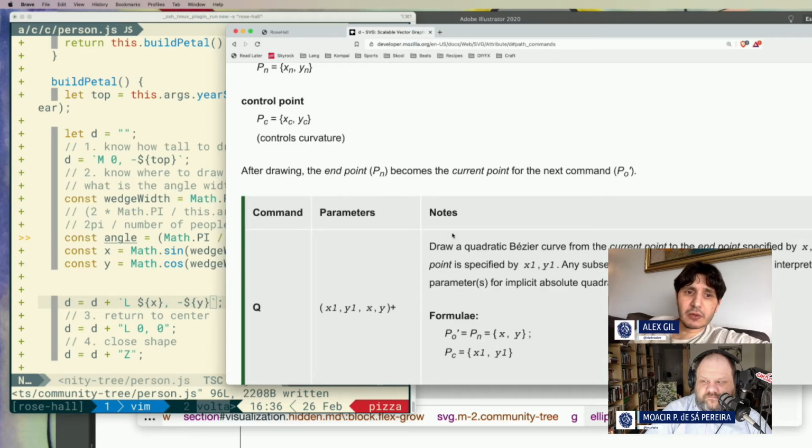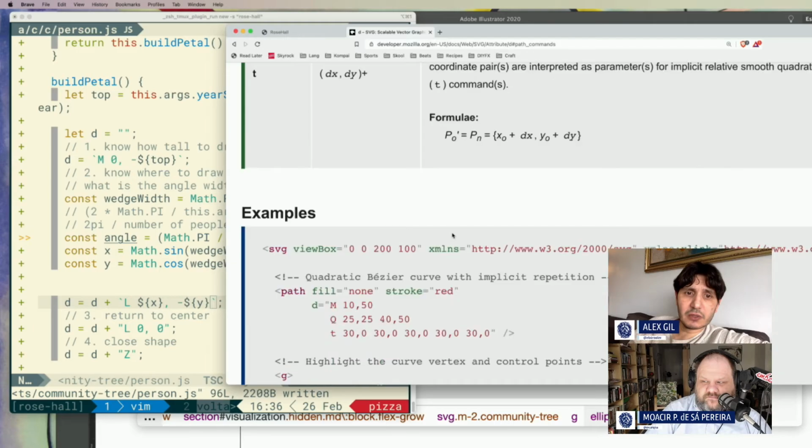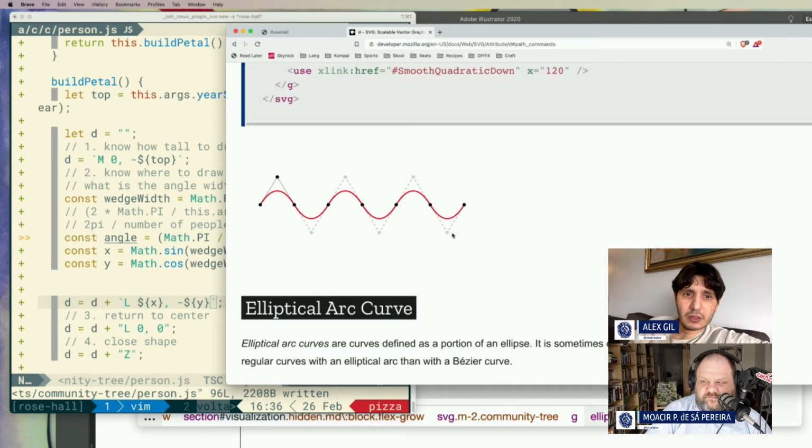Let's look at the quadratic one. Go down. Yes, quadratic. But you see the problem? That has 8 points: 1, 2, 3, 4, 5, 6, 7, 8. Okay, do half of that.